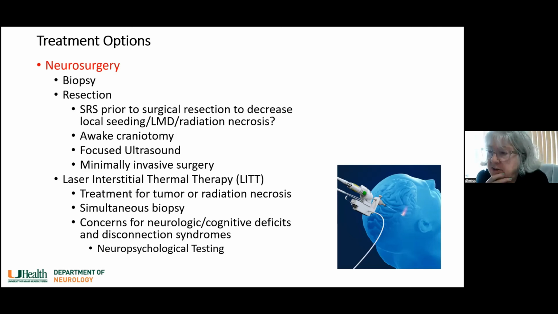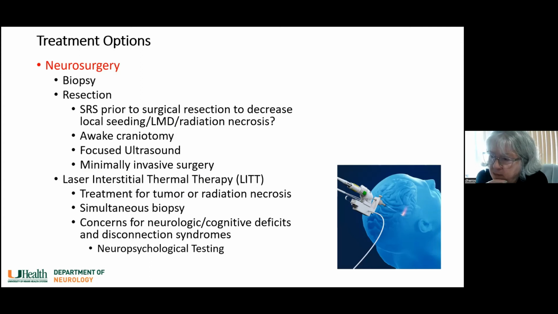Surgical techniques certainly have improved the ability to perform a safe resection. And the use of laser interstitial thermal therapy, or laser ablation, is really an amazing technique for treating these patients.